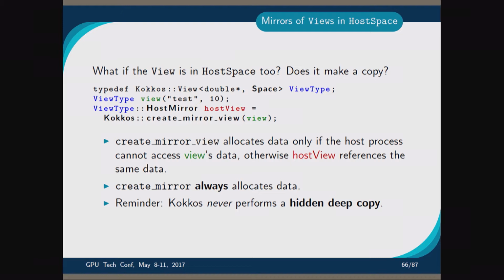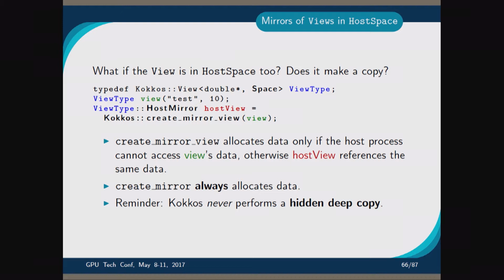So in this case, if the original view is in the host space, then it does not allocate data. Since they're the same shape and everything is the same, if the one you originally gave it was host space, then they're identical. And if they're identical, then we can just make them alias the same memory.